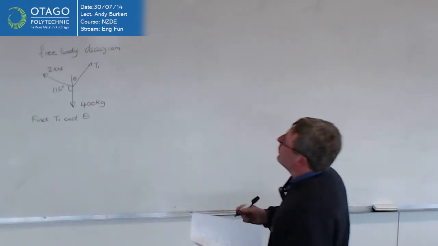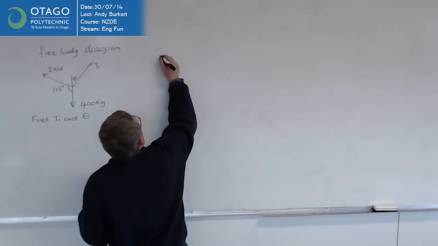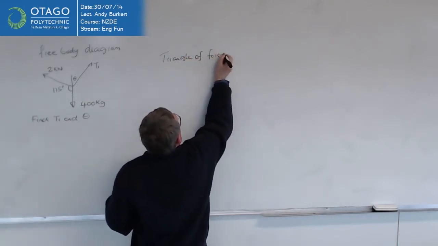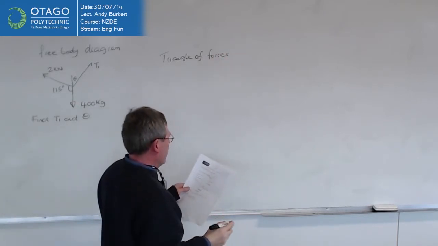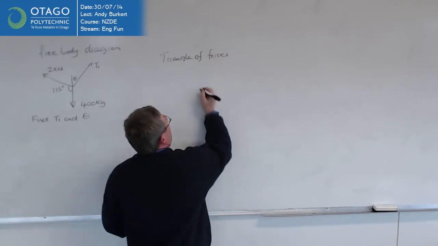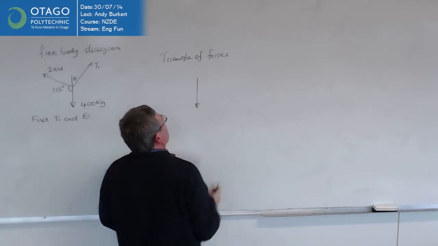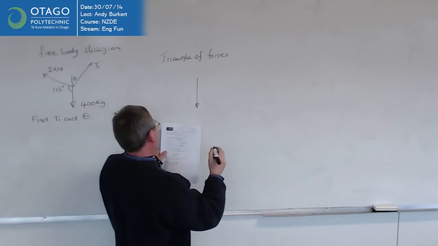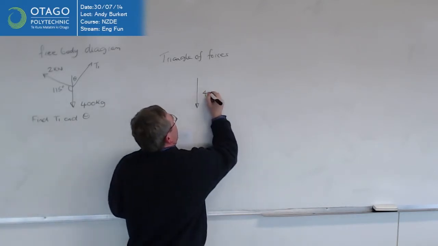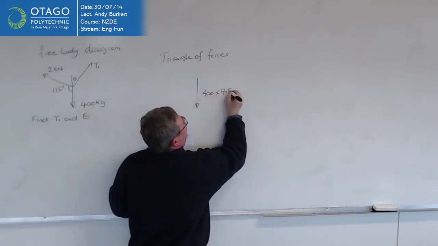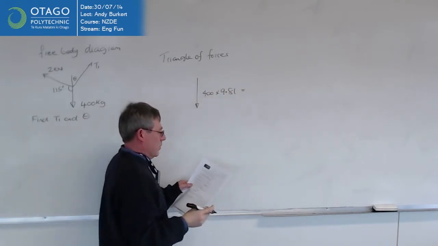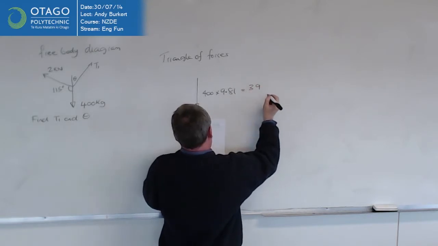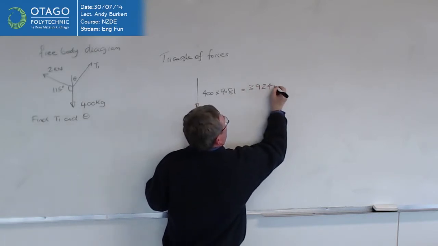So if we draw a triangle of forces, we've got our mass acting down, so that's 400 times 9.81, which is equal to 3924 newtons.